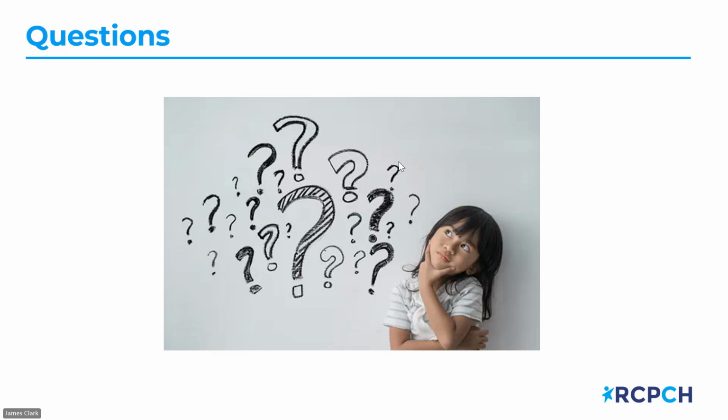If anything's not clear after reading those, then you can always contact the college for a bit more information. But we're not able to give you the exact answers. We're not scoring the applications, so it will just be information based on that guidance. So if you do have specific queries, and you really don't think it's clear, please contact the college, but a lot of it is explained quite clearly in the guidance.